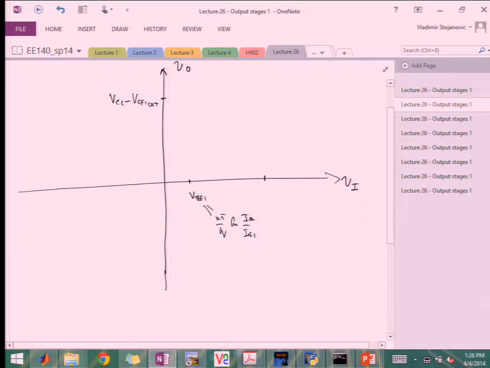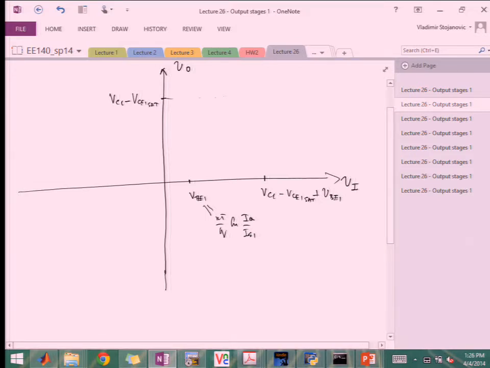And correspondingly, the input for that will be VCC minus VCE1 sat, but plus VBE1. At this point, VBE1 is actually bigger than this VBE1 over here, simply because we're also conducting the current, which is almost VCC over RL, right?